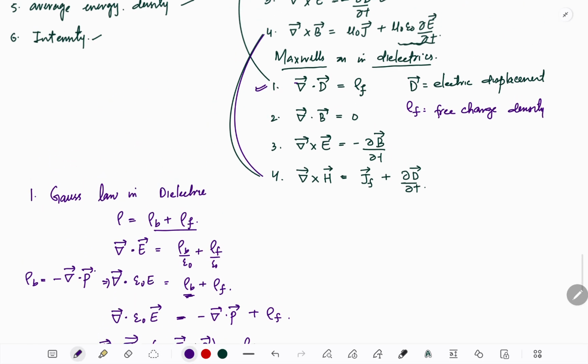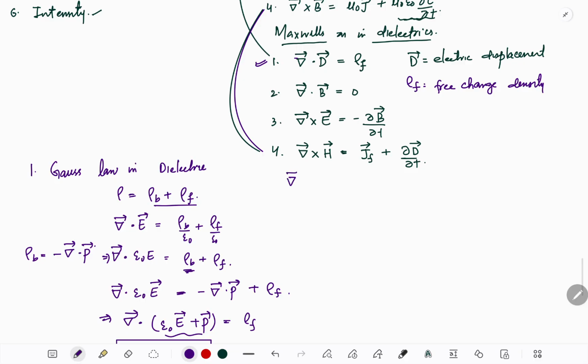Now the equation is actually del cross of B equals mu 0 J plus mu 0 epsilon 0 dou E by dou T. Now see, in case of the dielectrics, we have three types of current densities.